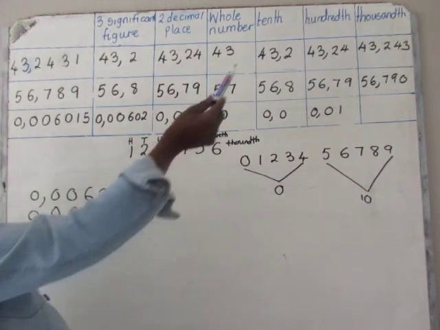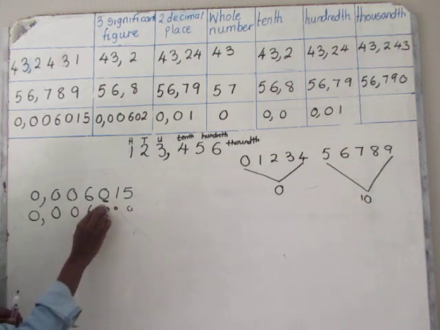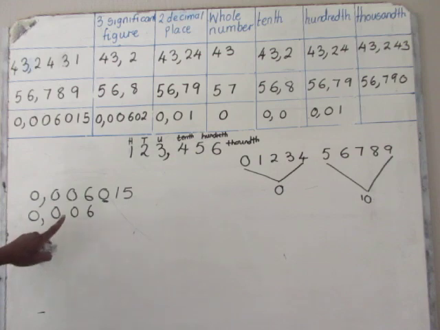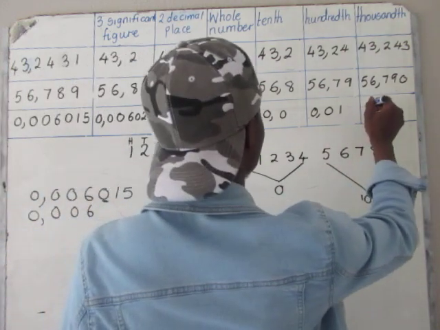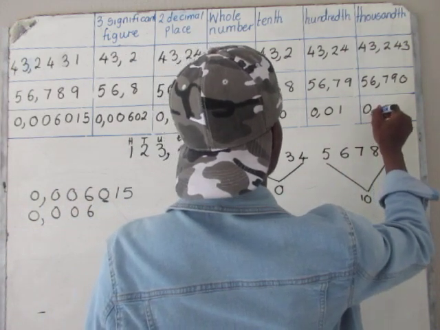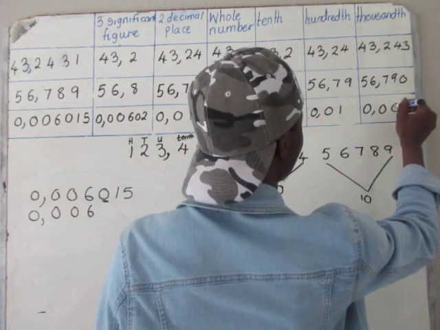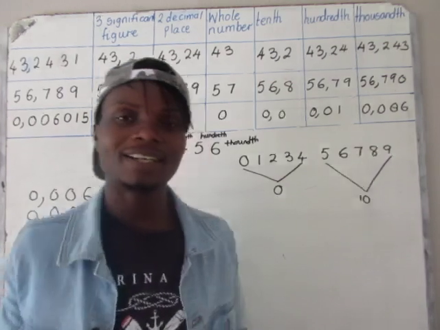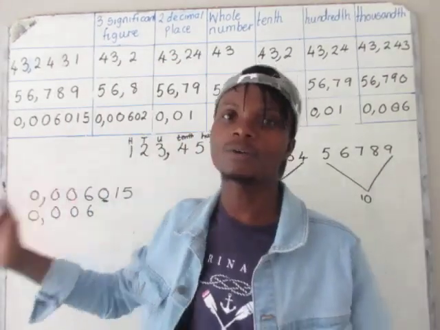Since we're rounding to the thousandth, all these guys are eliminated. So we're left with 0.006. So that rounds down to 0.006. Right guys, that's how we can round off these numbers.